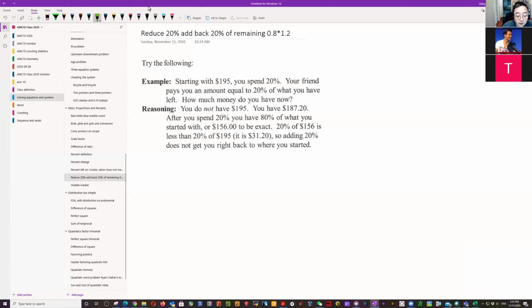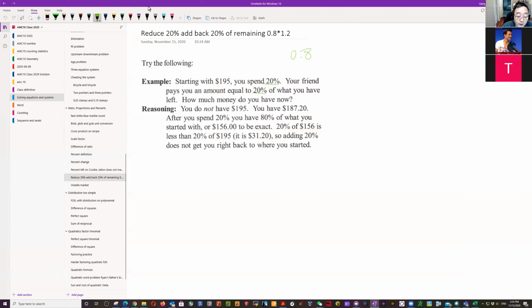So basically, if you use the scaling factor point of view to do this problem, when you start and spend 20%, it is actually multiplying by 0.8.